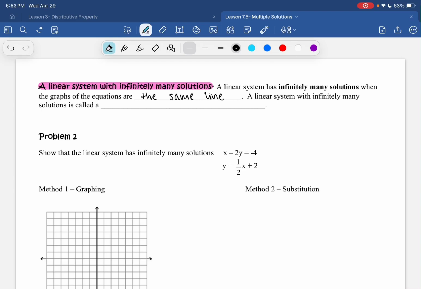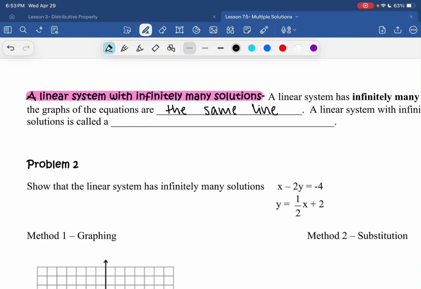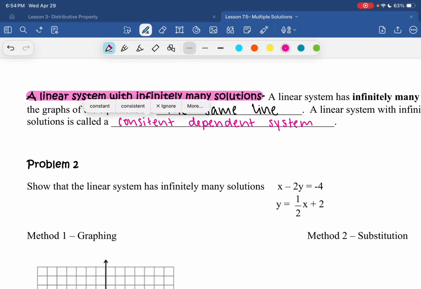A linear system with infinitely many solutions is called a consistent dependent system. So consistent dependent system. Now sometimes you will just see consistent system, you won't see consistent dependent, and that's fine.